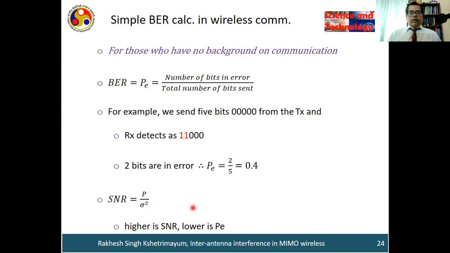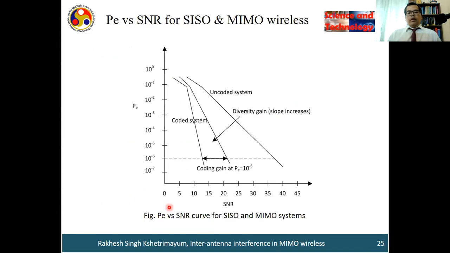Data transfer rate is not going to be affected much, but the probability of error will be affected much. So the higher the value of SNR, the signal to noise power ratio, the better the performance in wireless communication, with less error in data transmission.